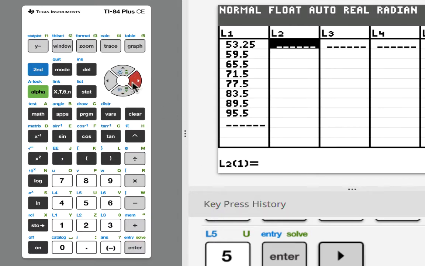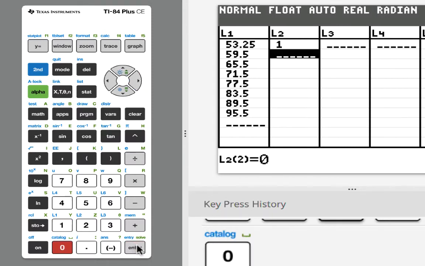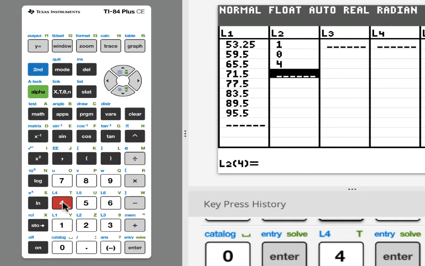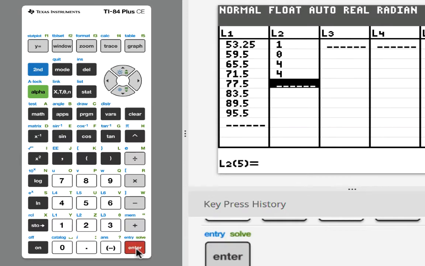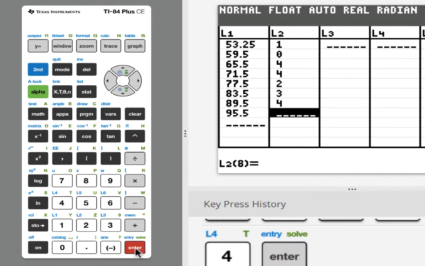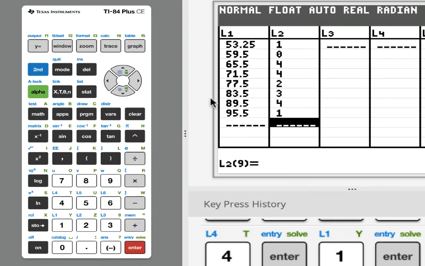Take your cursor to L2. It is 1, enter, 0, enter, 4, enter, again 4, enter, then 2, enter, 3, enter, then 4, enter, and then 1, enter. Now we've got all the values. We need to find the average of this.